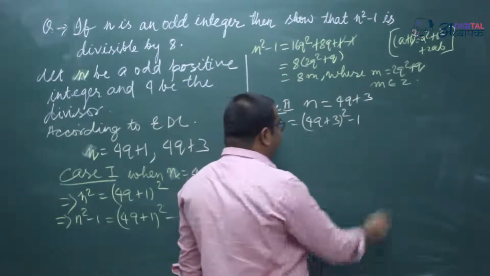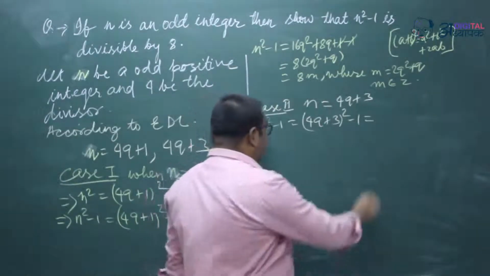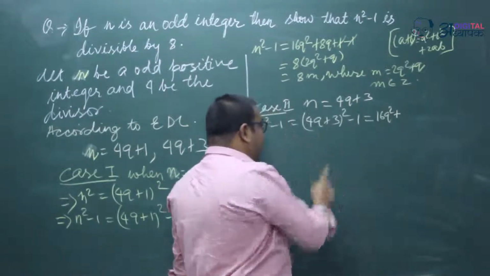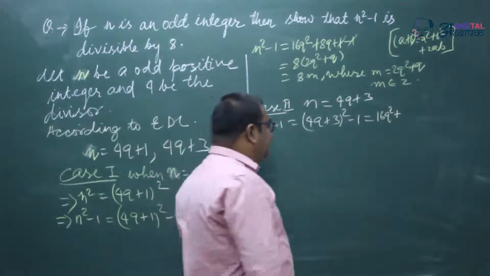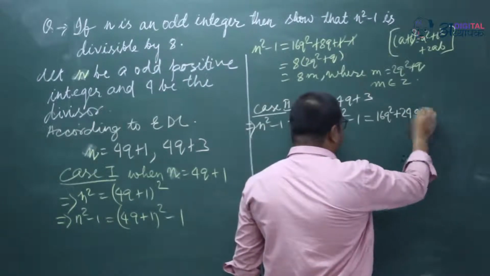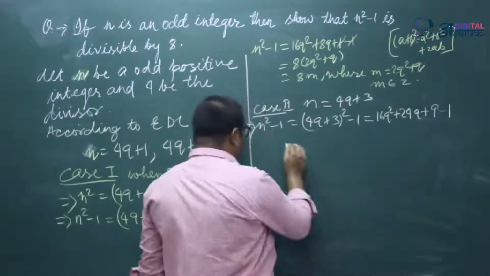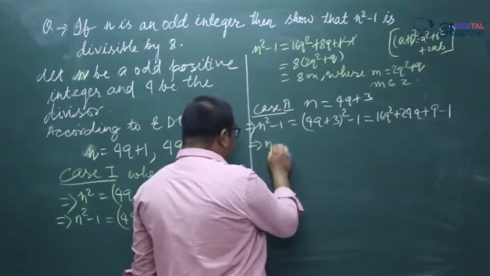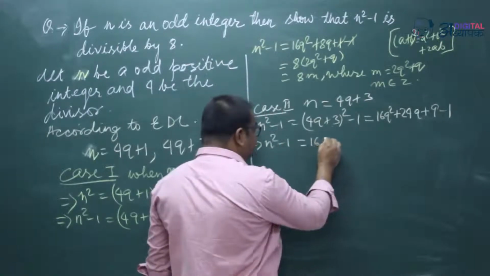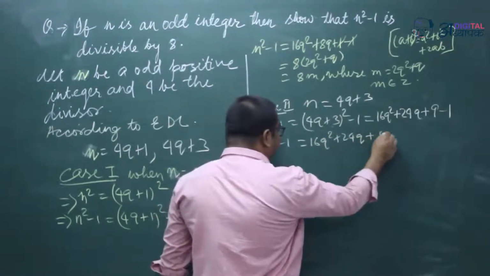Again, if we use the a plus b whole square formula, it becomes 16q square plus 2ab, 2 into 4 into 3, that is 24q, plus square of 3 is 9, minus 1. So this implies n square minus 1 is equal to 16q square plus 24q plus 9 minus 1, which is 8.